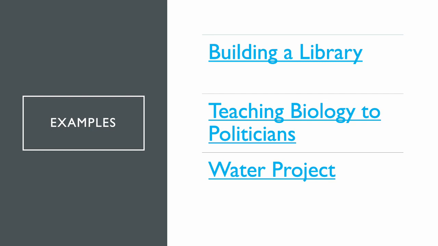By doing this, they can create that connection to not only the environment, but also students and the local governmental system. The third one is water project. In this one, students explored water in a number of different ways, and they really made it relevant to their own school. This one was also scaled up to then be connected to nation and world. So this is a good example of that scaling from a local to global context.